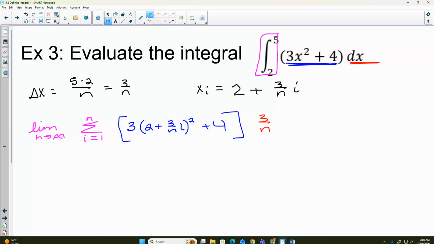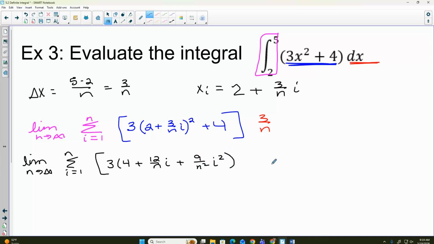So now it's algebra. I can't do the sum until I clean this up a little bit. If I square that, I have to write it twice in FOIL, so I get 4 plus 12 over n i plus 9 over n squared i squared.